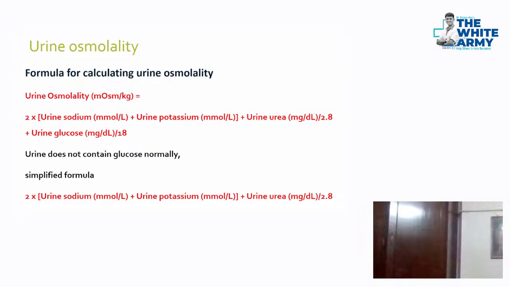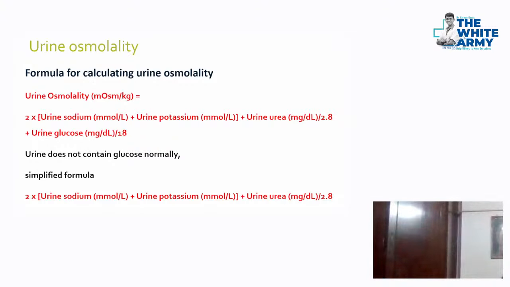The same formula is applied for calculating urine osmolality also. Urine osmolality is equal to 2 into urine sodium millimoles per liter plus urine potassium millimoles per liter plus urine urea nitrogen divided by 2.8 plus urine glucose in milligram per deciliter divided by 18. The same formula, instead of blood values, we give the urine values.